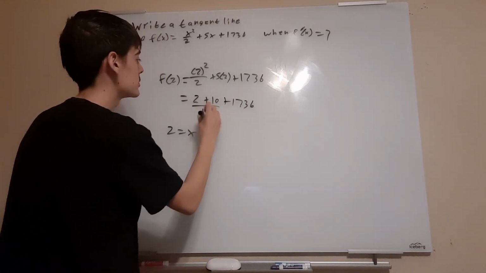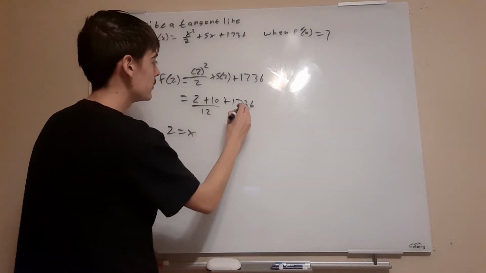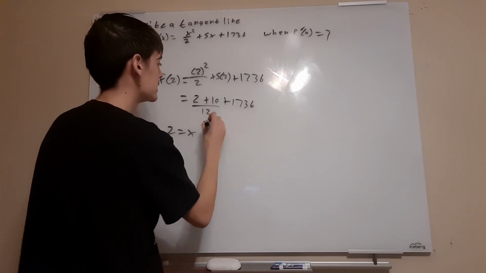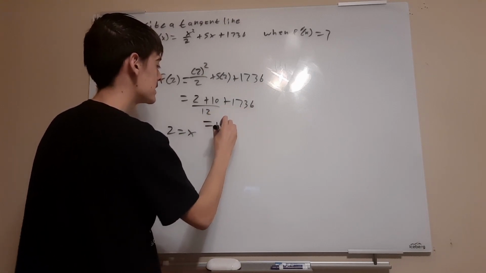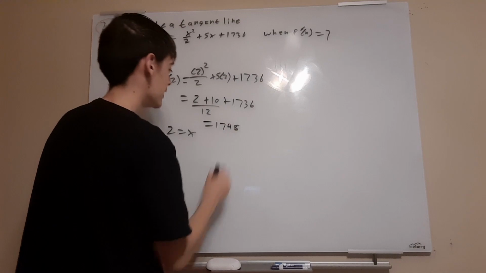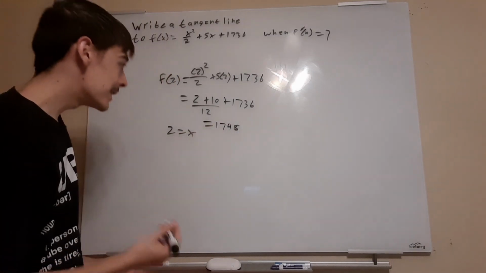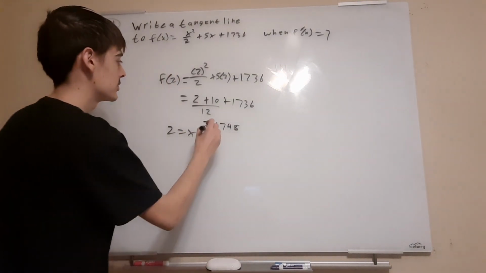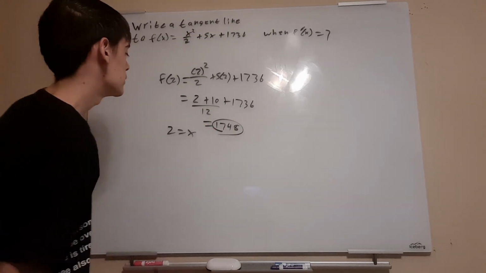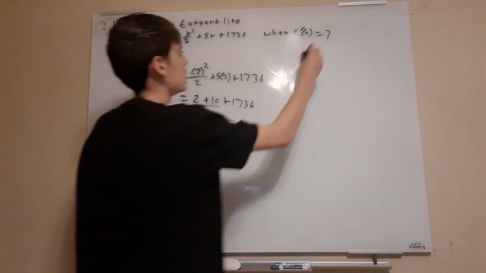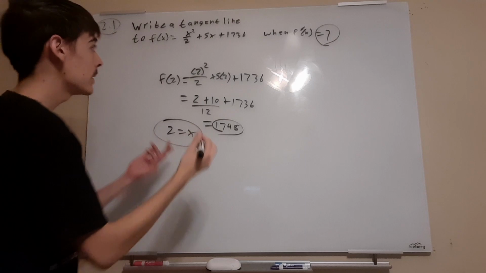So this bit is just 12, and so 12 plus 1736 is going to give us 1,748. So it's not exactly a nice constant, but it works. So this is what our y is equal to. And this is our x, and then we are given our slope up here. So now we can write our tangent line.